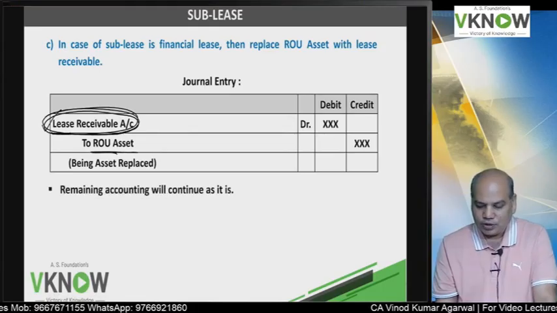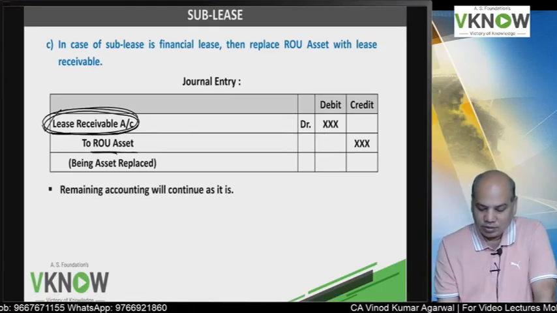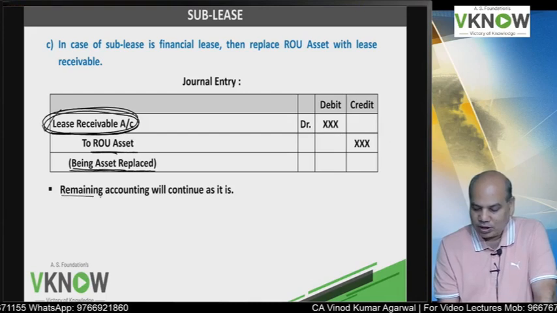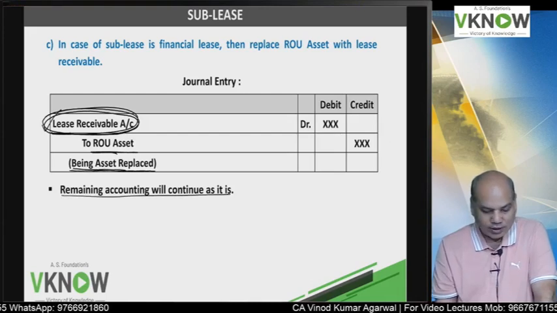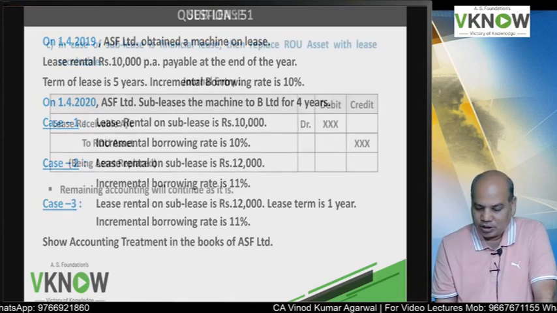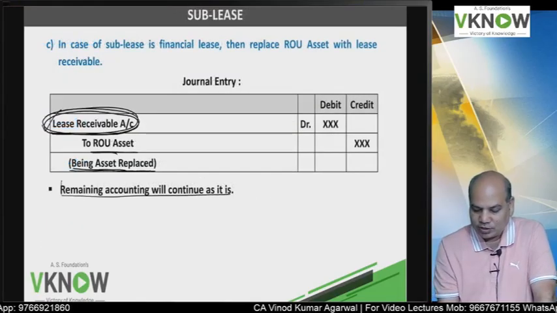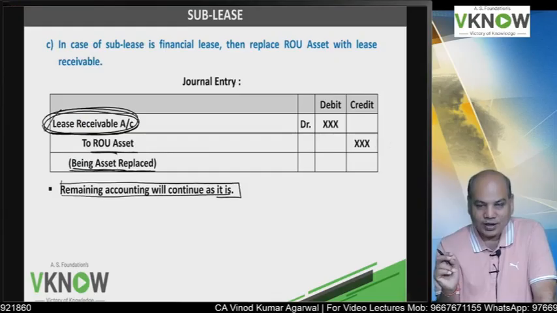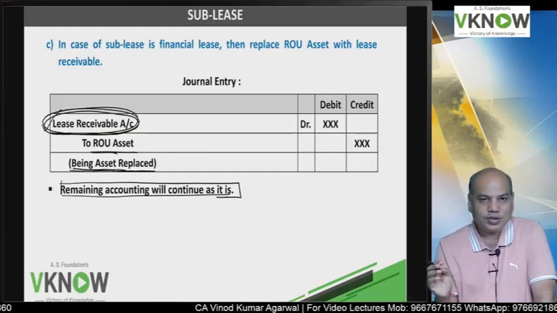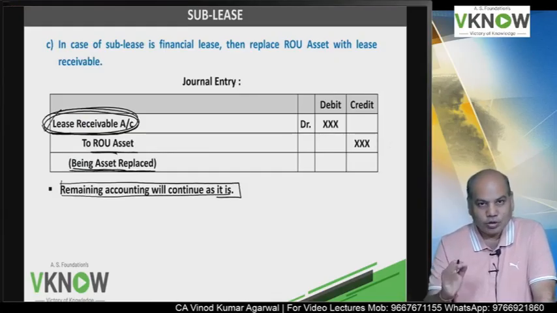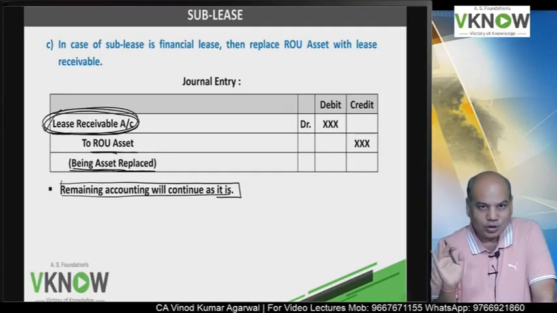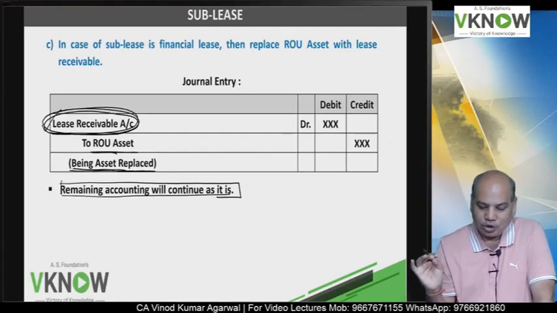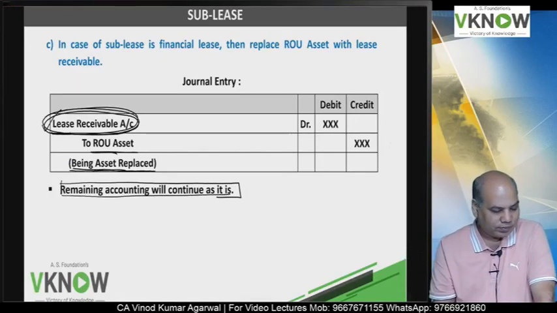So ROU asset will be derecognized, being asset replaced. Remaining accounting will continue as it is, which means you are going to provide for finance cost. You are going to receive finance income also. So those accounting will continue as it is, but we will not provide depreciation.